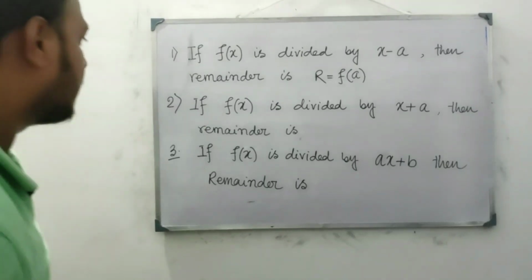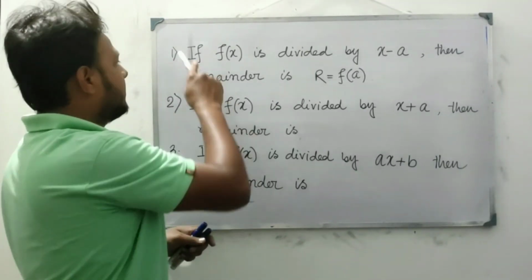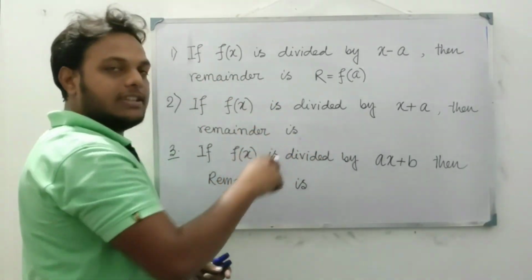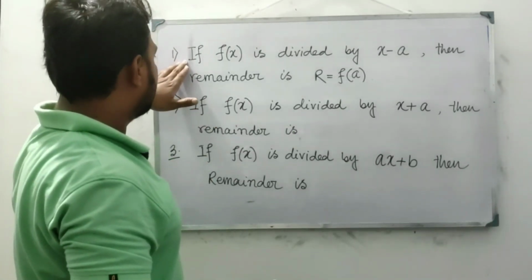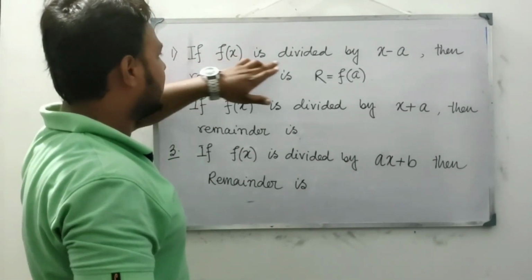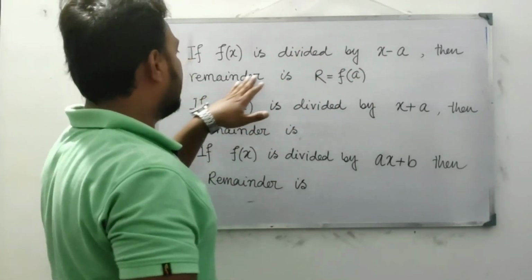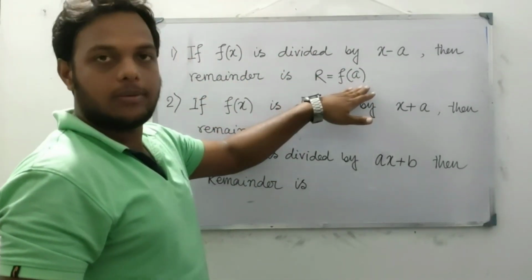Understood? Okay, next. See, these three are our observations. First, we have proved that if f(x) is divided by x minus a, then the remainder is r equals f of a.